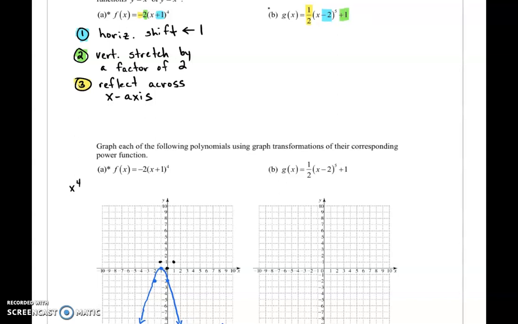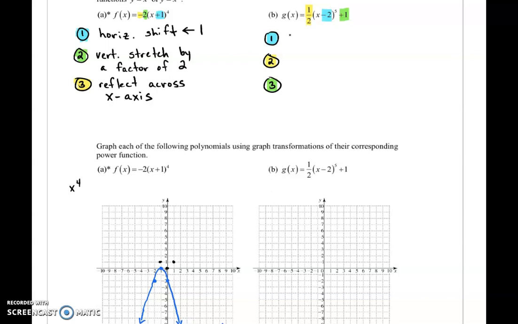Those are our transformations. So following the order of operations again, we should do inside the parentheses first, then the multiplication, and last we add that number outside.